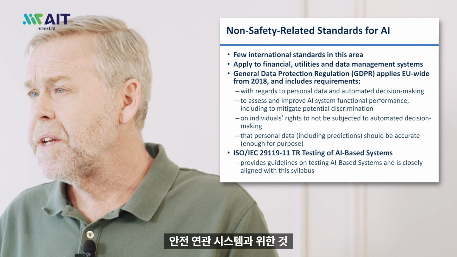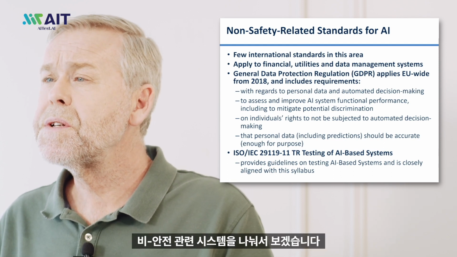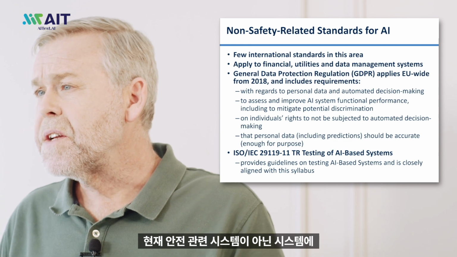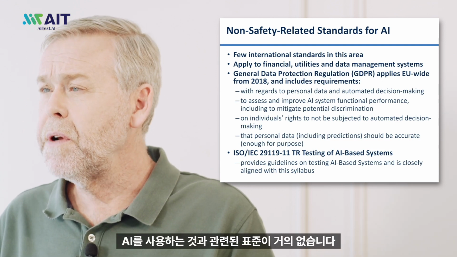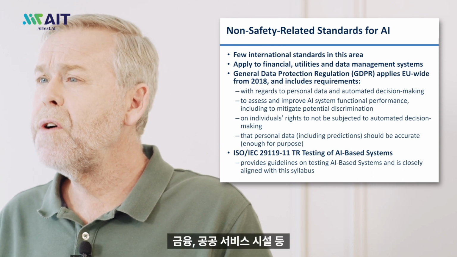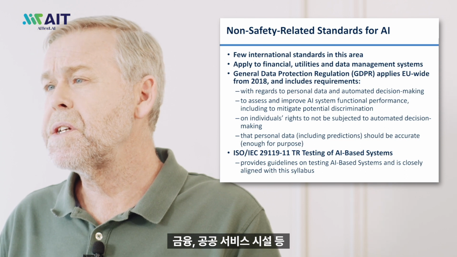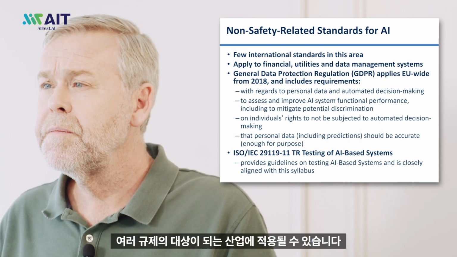We will look at standards and AI from two perspectives: those for safety-related systems, and here, those for non-safety-related systems. There are few standards that currently apply to the use of AI in systems that are not safety-related. Such standards could apply in areas such as finance and public service utilities, which are both subject to substantial regulation.